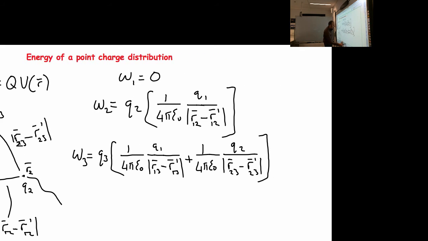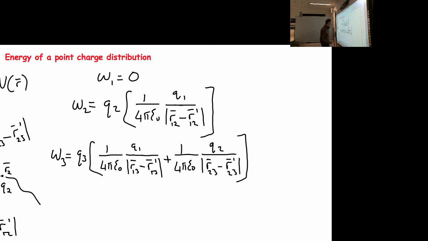So let's write this out a little bit neater now. Let's say we've got a collection of point charges, and we're going to do it now for any number of point charges. So the total work that will be done will be given by 1 over 4 pi epsilon naught.